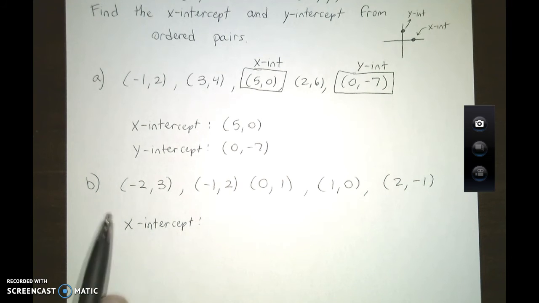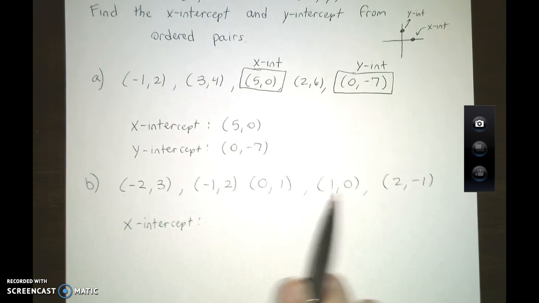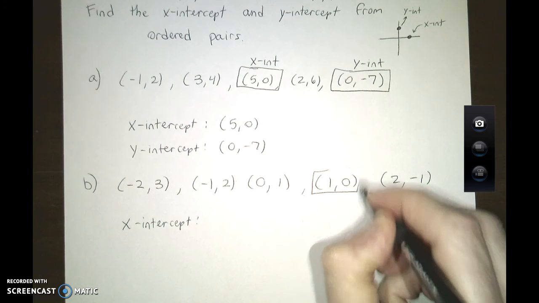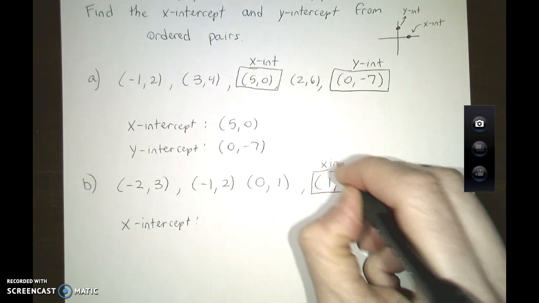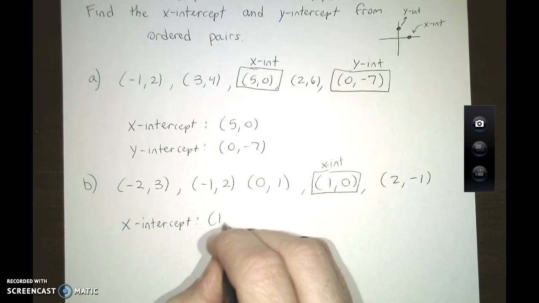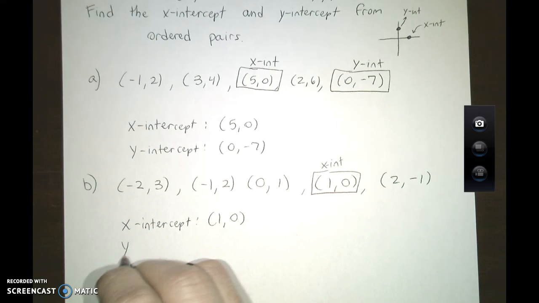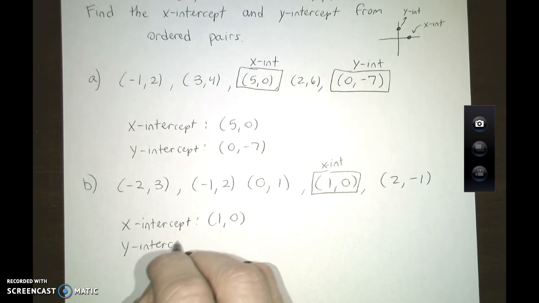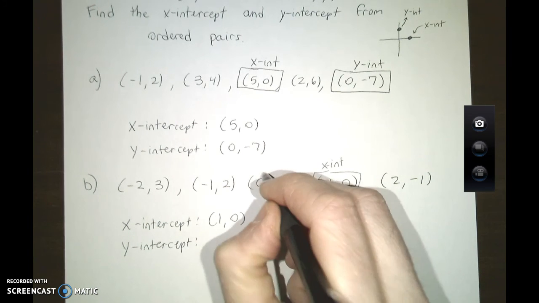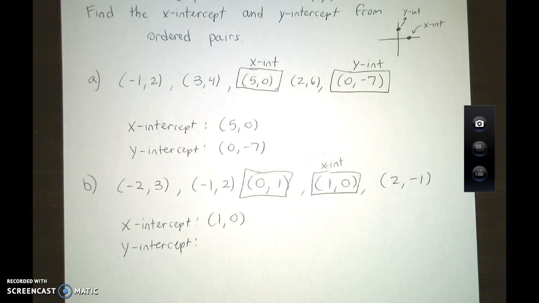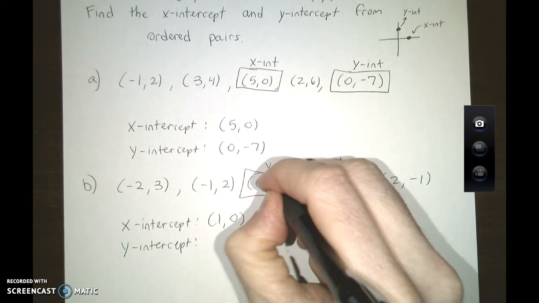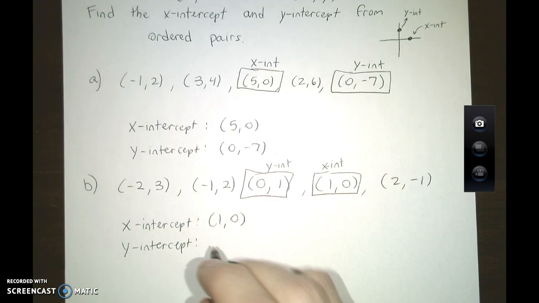So the x-intercept here is where I have a value for x and then a 0 for the y. So here is my x-intercept. And the y-intercept is where I have 0 for x and a value for the y.